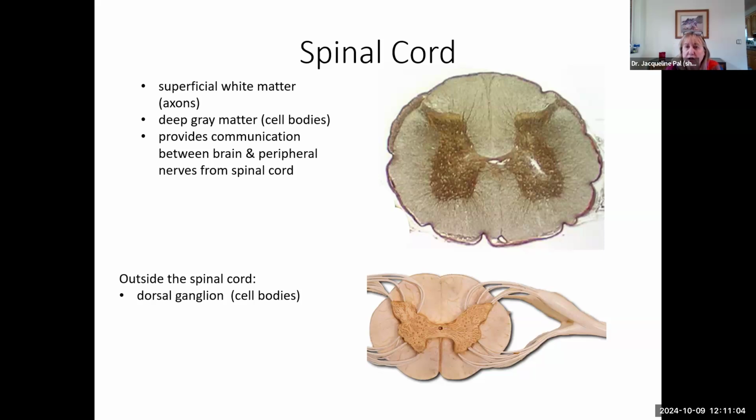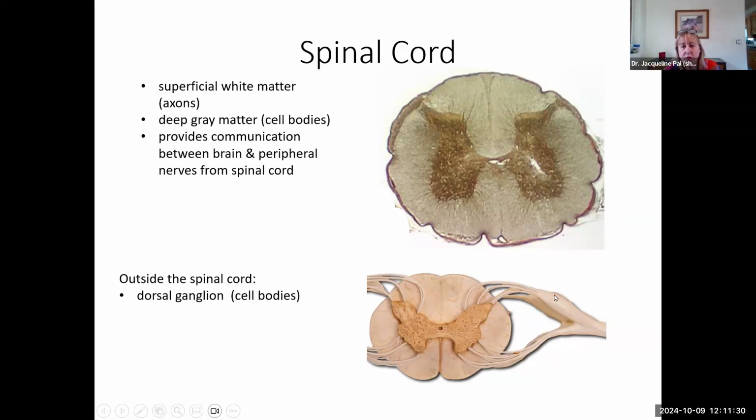So if you recall when I showed those sensory neurons, their cell bodies were kind of in the middle. And so you have the sensory receptor way over there, and then it traveled, and then the cell body, and then the axon continued. And so the axon terminal would be here in the gray matter of the spinal cord, but the cell body is here.